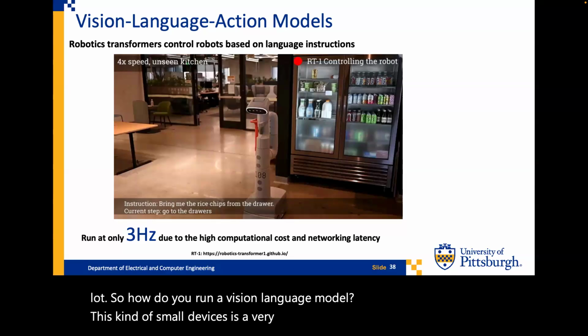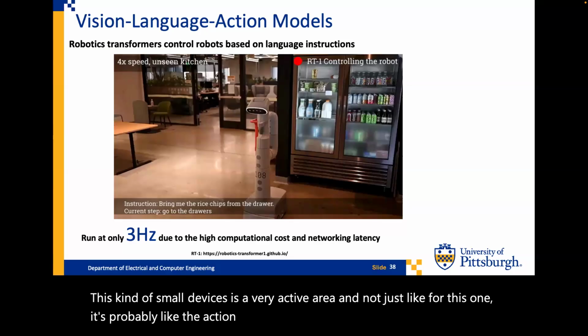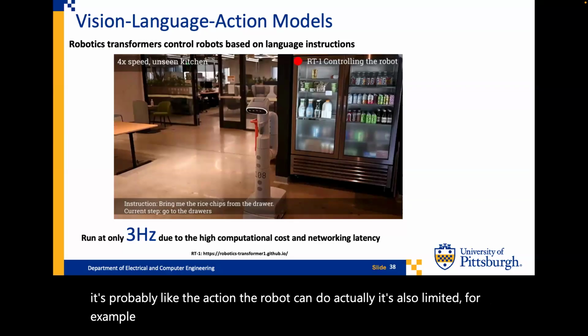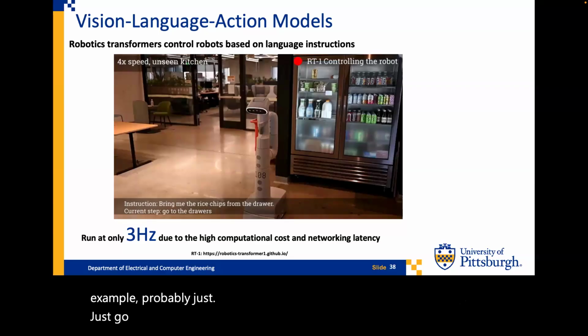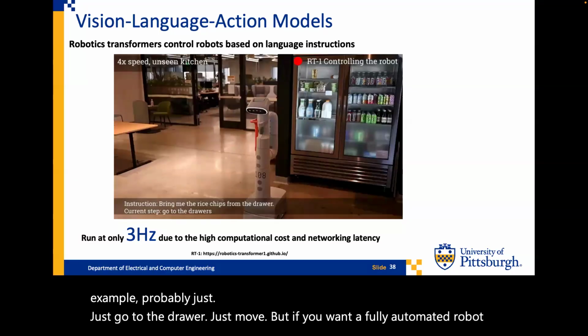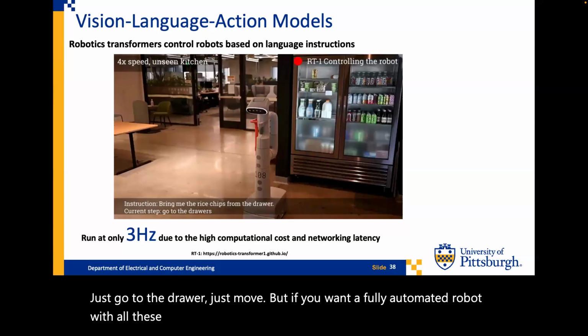And not just for this one, the actions the robot can do are also limited. For example, it can probably just go to the drawer, just move. But if you want a fully automated robot that can grab and do all that, a lot of action generation also needs to be done.